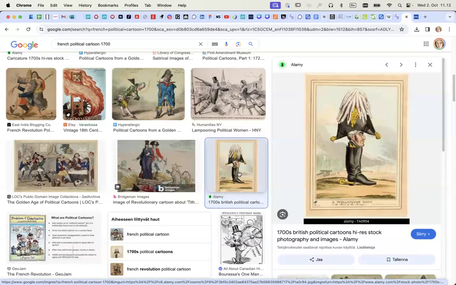Okay, this is also pretty funny, like a politician that is only a hat and a boot. Of course, styles for cartoons change by the times. For us, this looks pretty old-fashioned, I'm guessing.